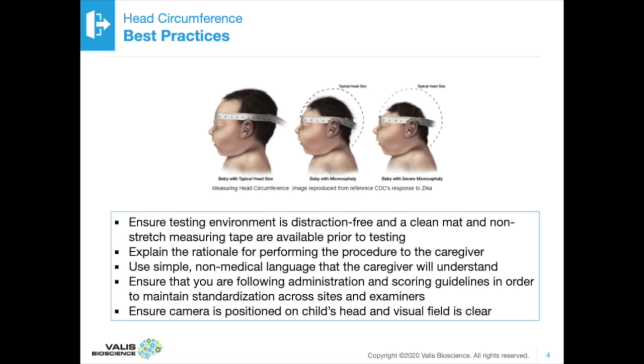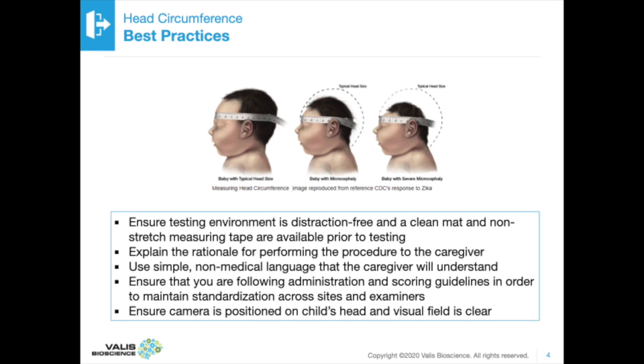The following are some key points to keep in mind when guiding the caregiver to perform the head circumference measurements. It is important to prepare the testing environment by ensuring that there are no distractions and a clean mat and the non-stretch measuring tape are available prior to testing. It may be helpful to explain to the caregiver the rationale for why you are assessing head circumference.